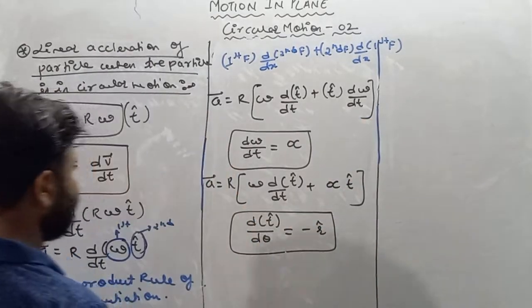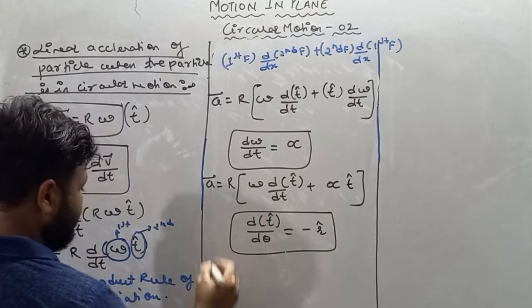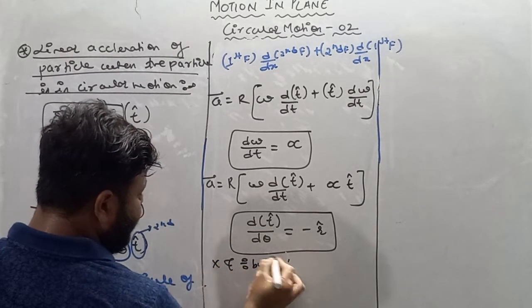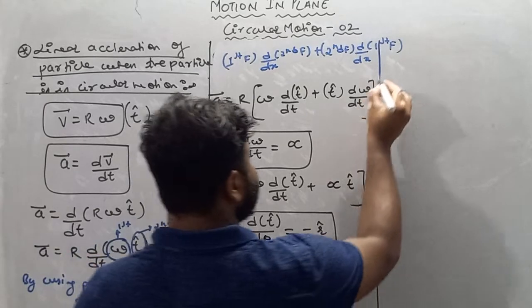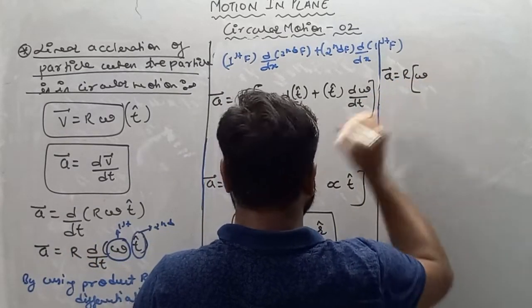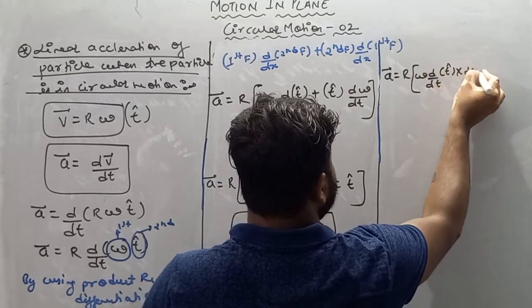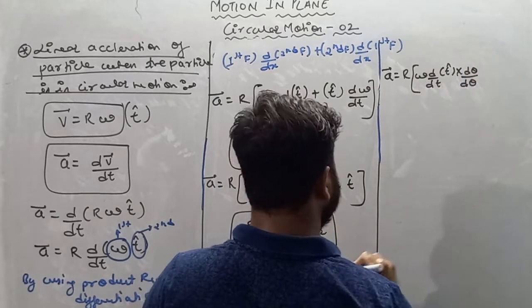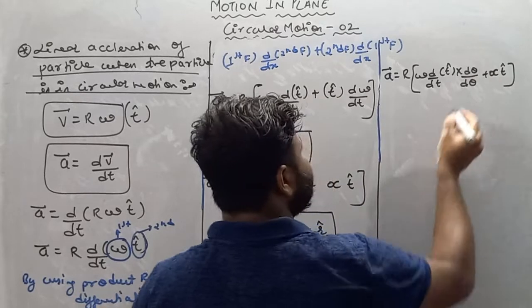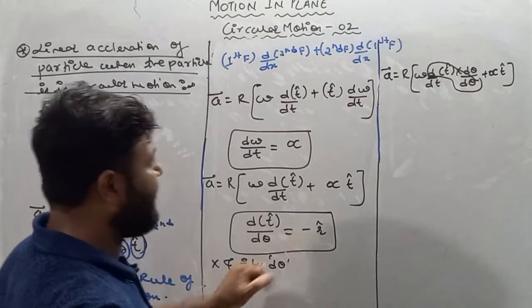So, my dear student, I'll multiply and divide by d theta. So we'll get a vector is equal to r comes outside, omega is there, d over dt, t cap is there, multiply d theta, divide d theta, and plus alpha t cap. Now see, dt cap by d theta becomes minus r cap.